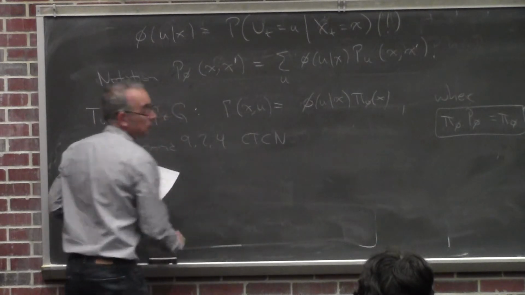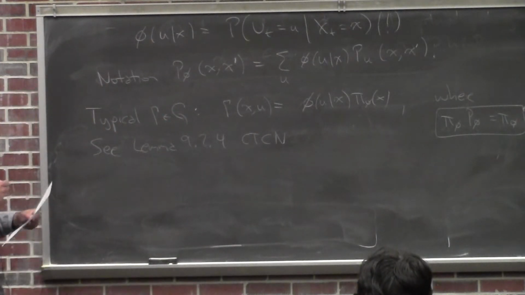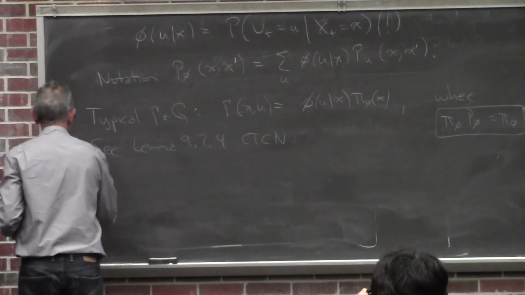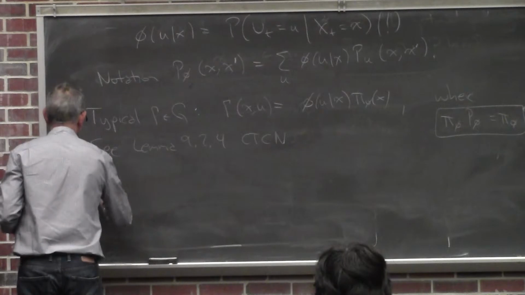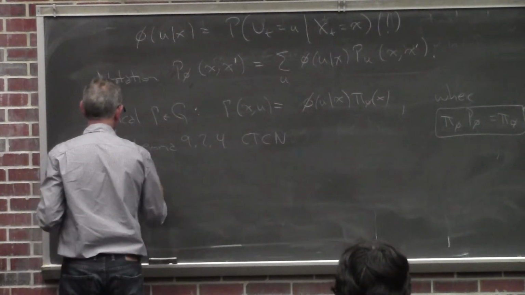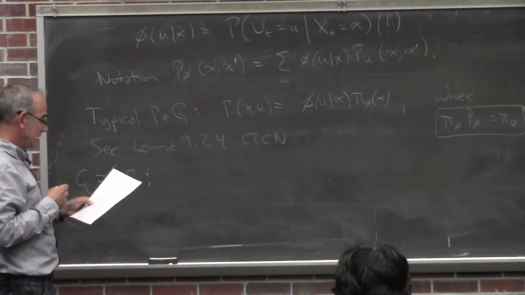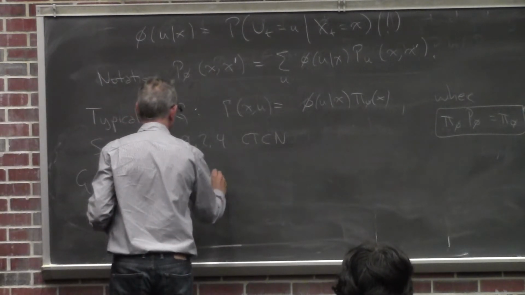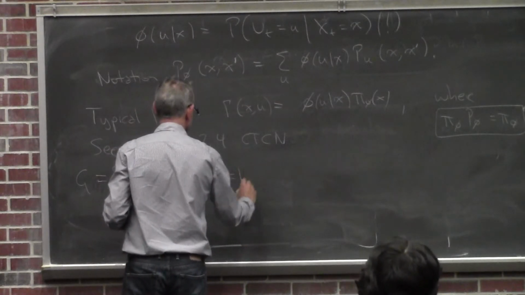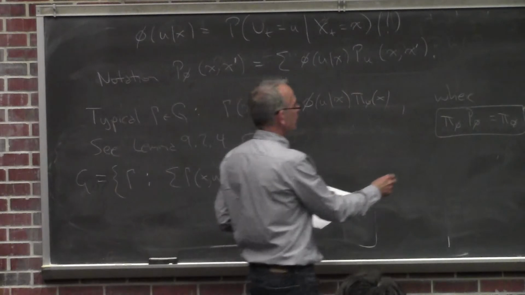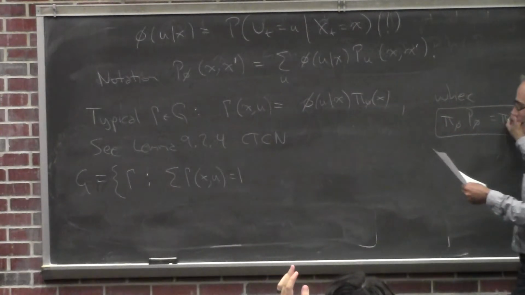I'm not saying you have to do this, but if you want more details, I have a chapter on this in my networks monograph. And G is just equal to the set of gamma, just think of these as functions, such that the summation of gamma of xu equals 1. And then this invariance constraint can be written in another way.